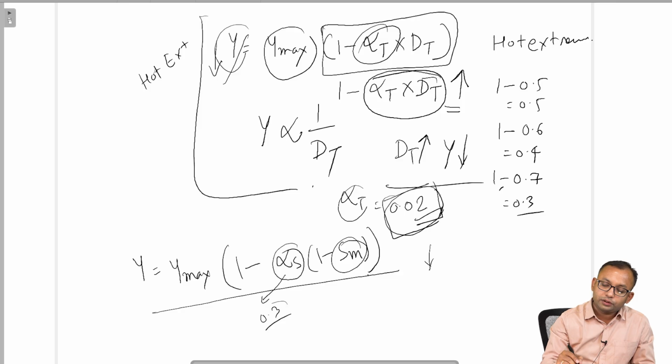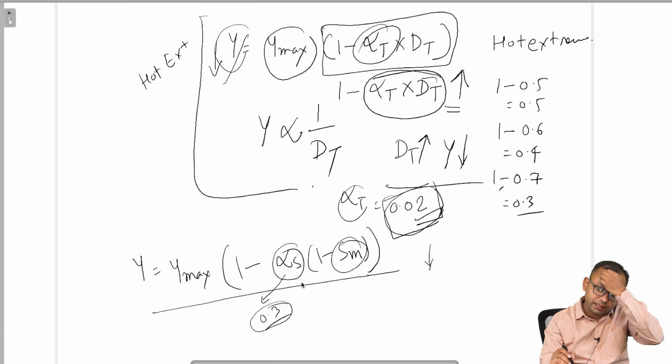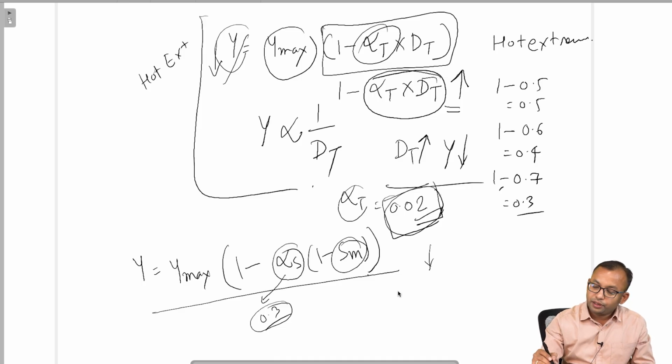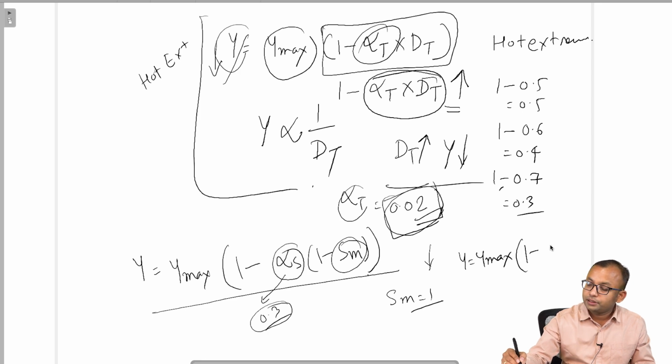It is also sensitive to this parameter alpha s. So for example, if you take Sm is equal to 1, in that condition y is equal to y max, okay, 1 minus alpha s times 1 minus 1, okay, so that is basically 0. So y is equal to y max.